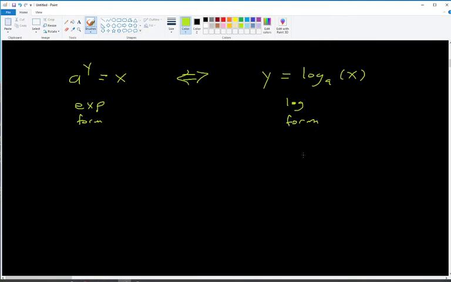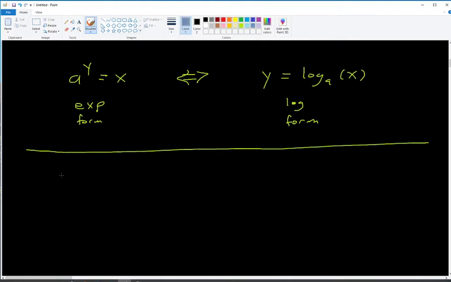So basically we're going to have some problems where we have to identify who's acting as a, who's acting as y, who's acting as x, and then convert it over to logarithmic form. Or you guys will be given logarithmic form and figure out who's y, who's a, who's x, and convert it back over to exponential form.